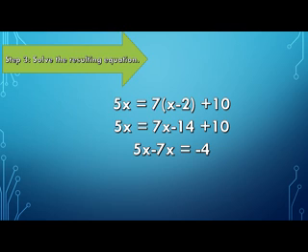Combining like terms, it will become negative 2x is equal to negative 4. By multiplication property of equality, we have to multiply both sides of the equation by the multiplicative inverse of negative 2, which is negative 1 half. Therefore, x is equal to 2.